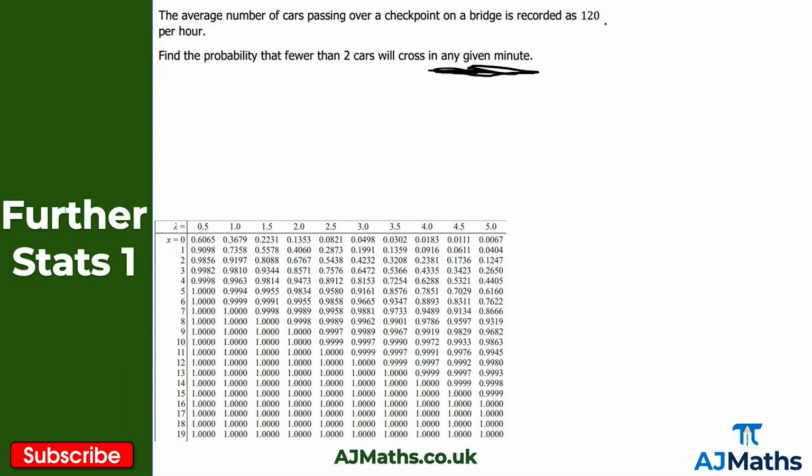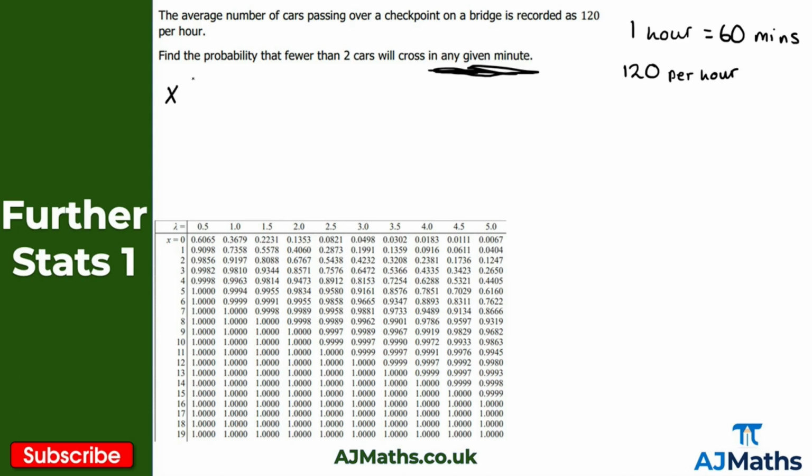So the interval that we need to go from is per hour to per minute. So how do we do that? Well, obviously in 1 hour, we have 60 minutes. Seems a bit basic, but let's just note that here. So if we've got 120 per hour, that's in 60 minutes. Obviously I need to divide this value here by 60 to get the distribution for a given minute.